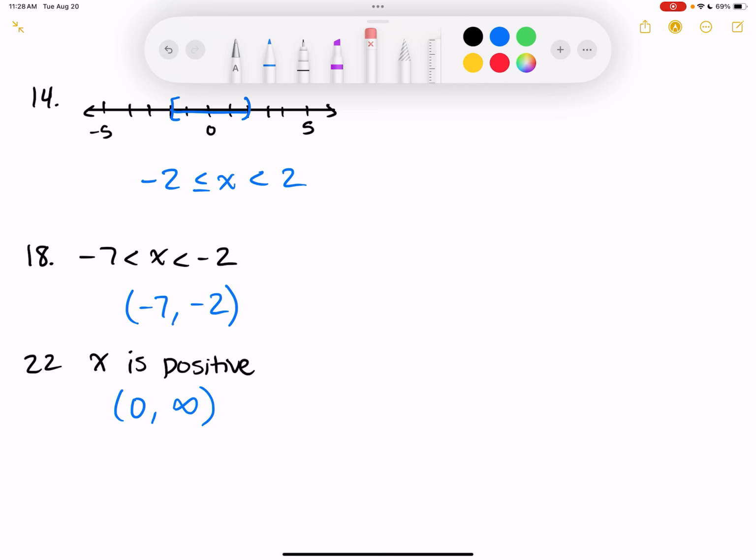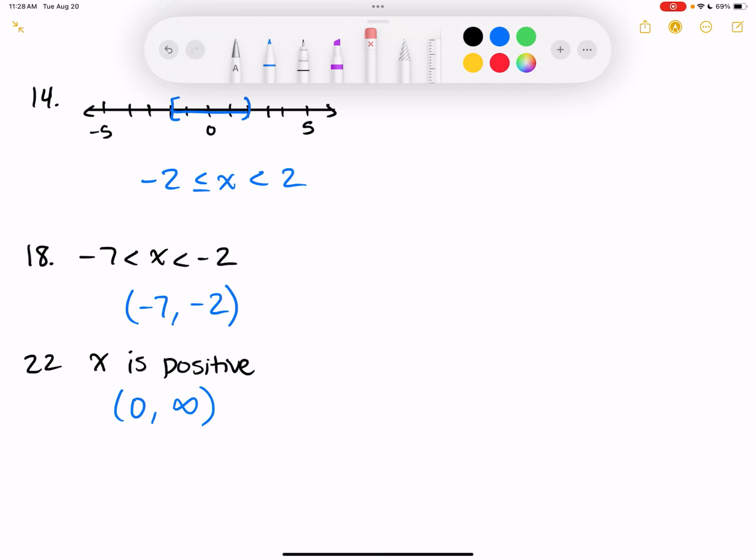All right. Next thing. Convert to inequality notation. So what notation are we using? Inequality notation. Find the endpoints and state whether the interval is bounded or unbounded and its type. This is where you're going to have to refer back to your notes.